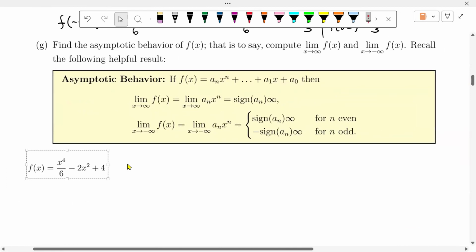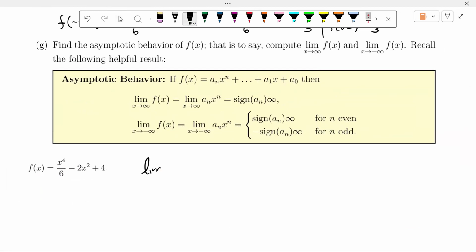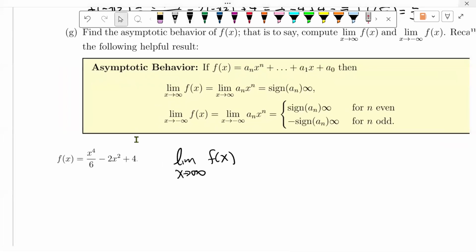Okay, so we want to figure out what happens when x goes to infinity and to negative infinity of this function that I have written down. The limit as x goes to infinity of my function f of x. Now, if you recall, to figure this out, there's really only one term we needed to look at, and that was the very first term, this x to the 4th over 6.